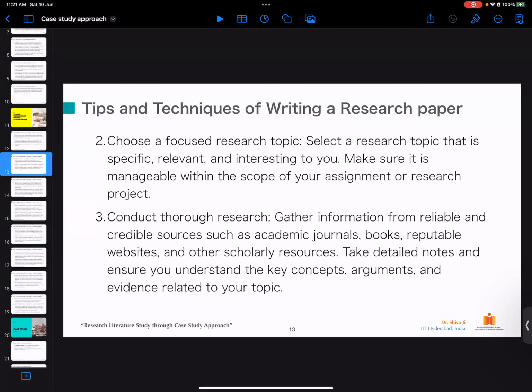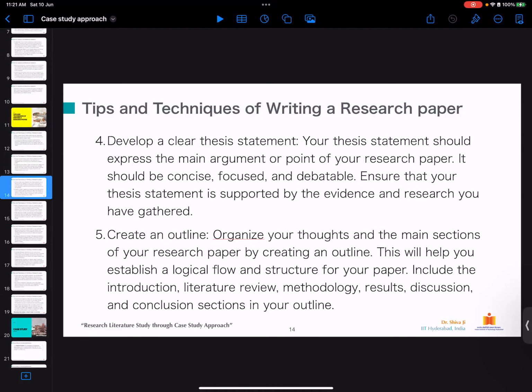Choose a focused research topic, then conduct thorough research. Refer to journals and books, conference papers, published reports, data sets, scholarly resources, videos, case studies, all of those things.